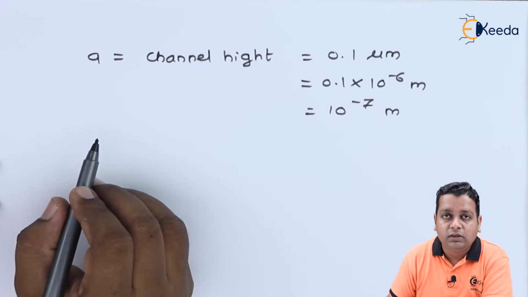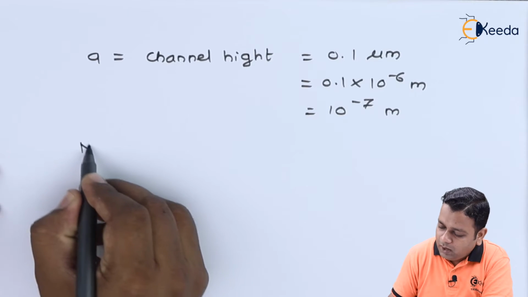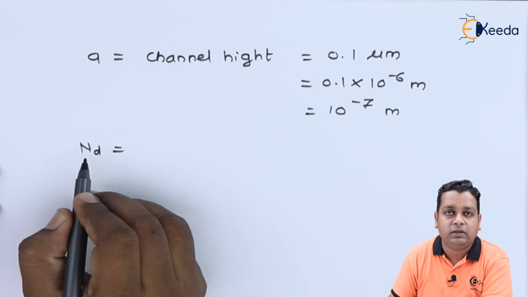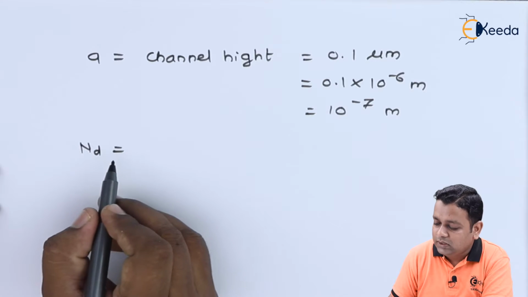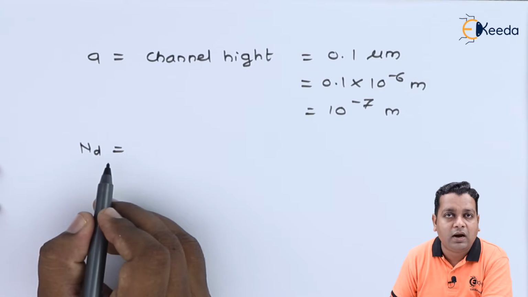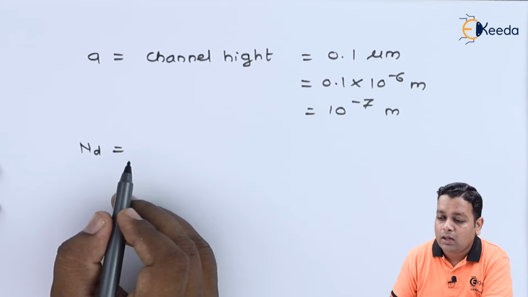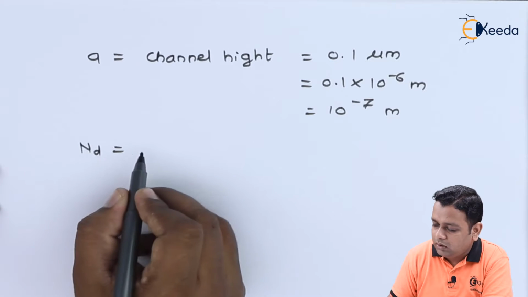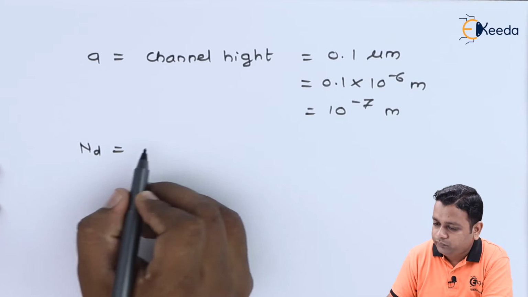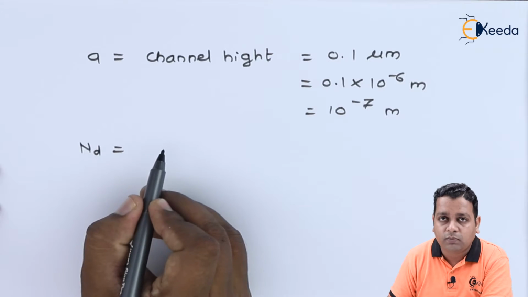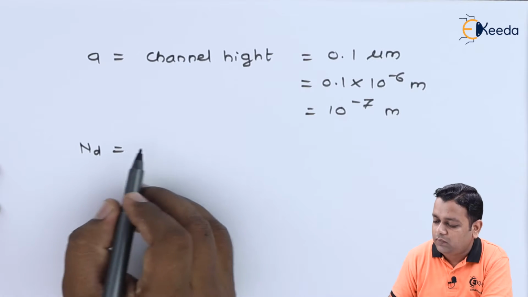The next parameter is capital N suffix D here. As this is the impurity concentration, and the impurities are nothing but the electrons for the given JFET, or simply the flow of the charge carriers generally we take.